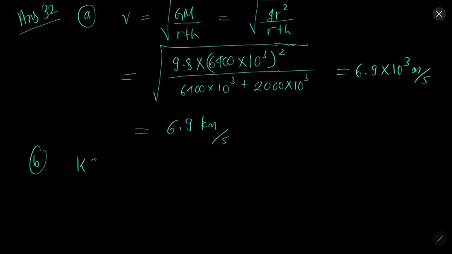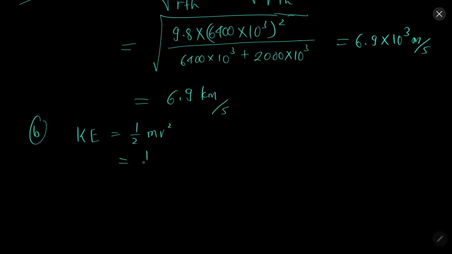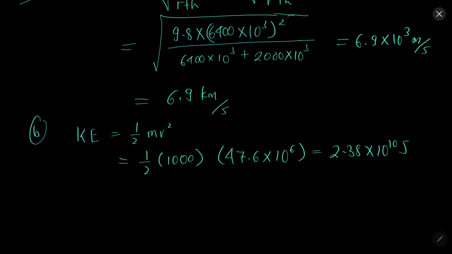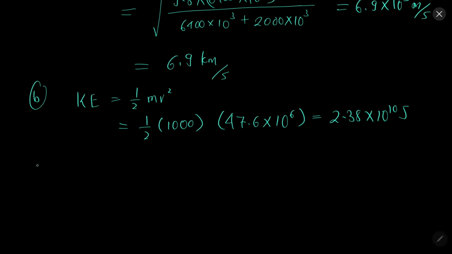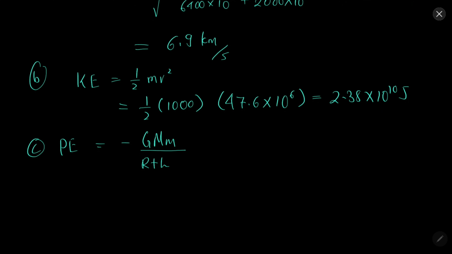Next is kinetic energy equal to half mv square. So it will be half into 1047.6 into 10 to the power 6, which is 2.38 into 10 to the power 10 joules. And potential energy is minus GMm over r plus h.